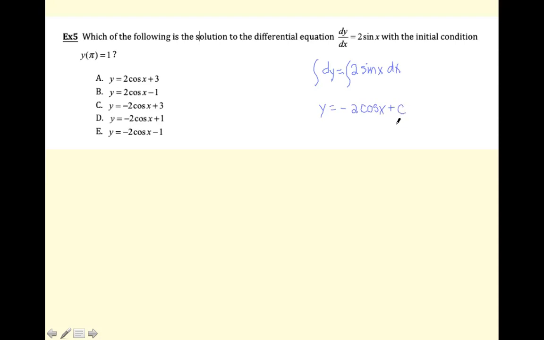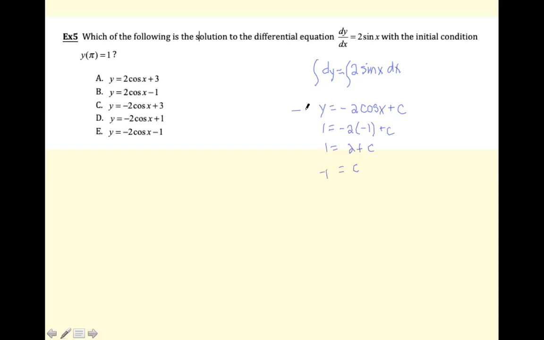All right, we're going to plug in our initial condition. So x is pi, y is 1. So 1 is equal to negative 2 times the cosine of pi, which is negative 1, plus c. So we get 1 equals 2 plus c. So our c is equal to negative 1.